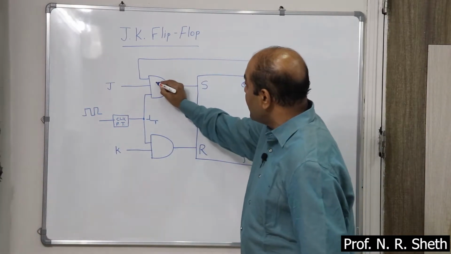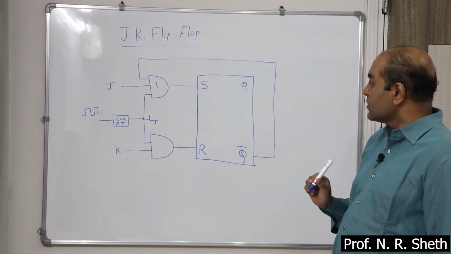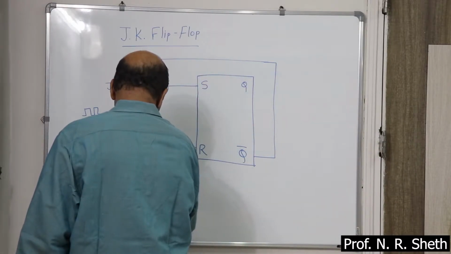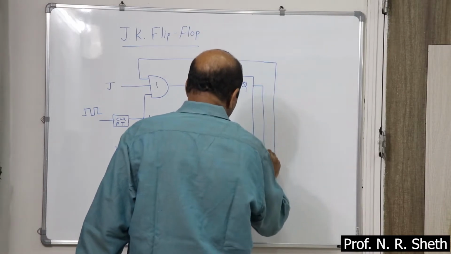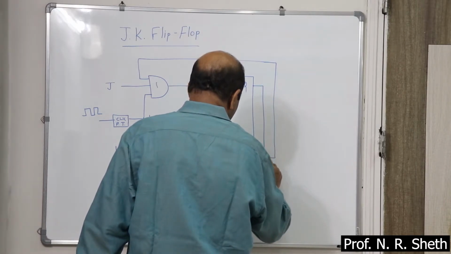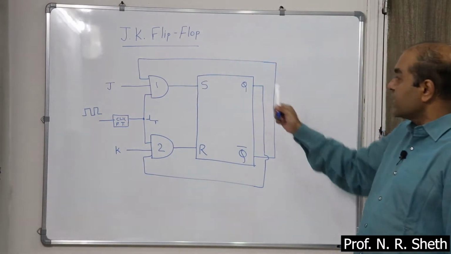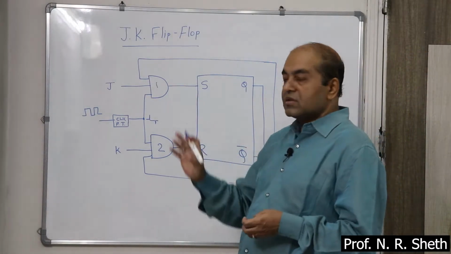For AND gate number 1, this third input is connected with Q bar, and here the third input is connected with Q. So in cross connection, this circuit is designed.